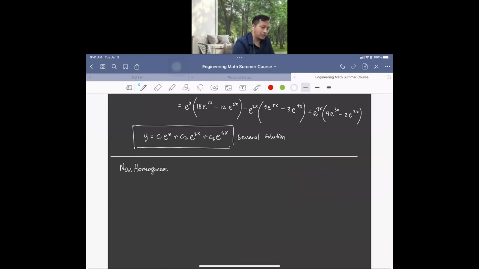Now we are going to move to non-homogeneous equations. This part is still a set of introductions to higher order differential equations.